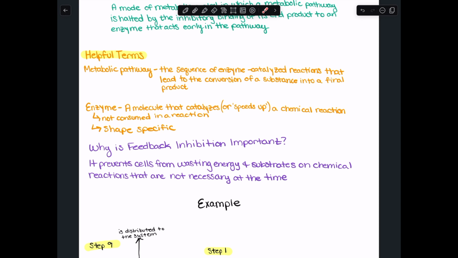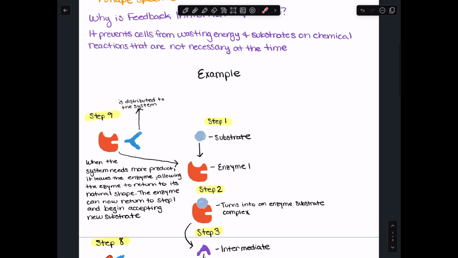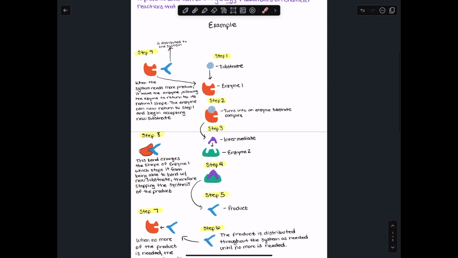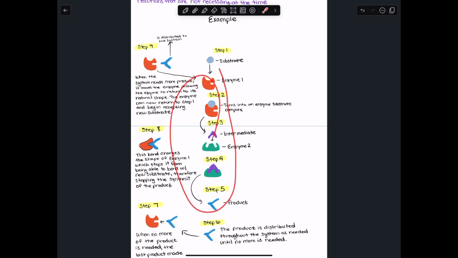So if a bunch of ATP molecules are being used for chemical reactions that don't even need to be happening, then there's not going to be enough ATP molecules to provide energy for chemical reactions that are necessary for life at that moment. And if you've learned anything about evolution, then you know that evolution favors efficiency. So here arises feedback inhibition. That is why it happens.